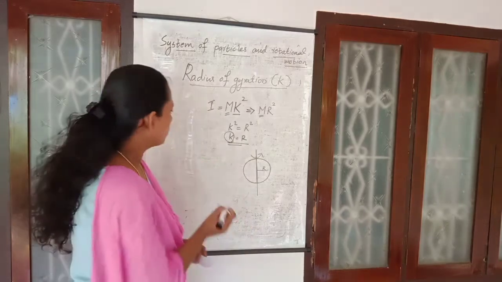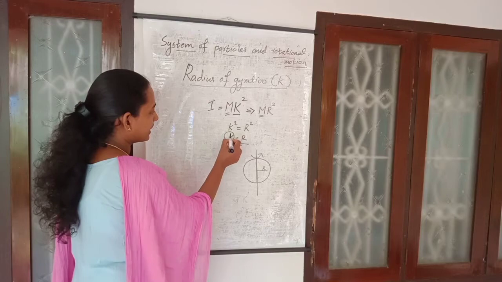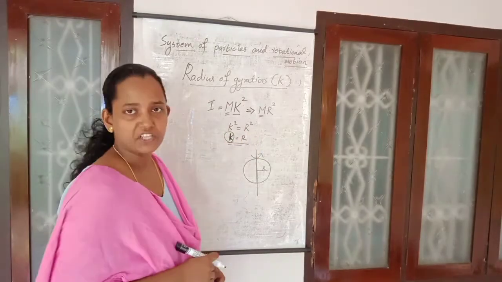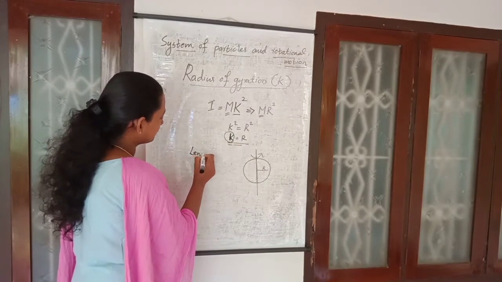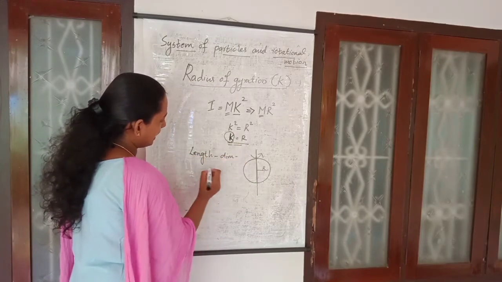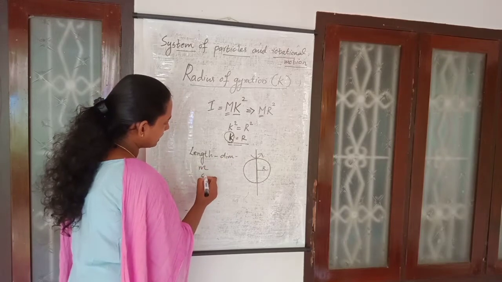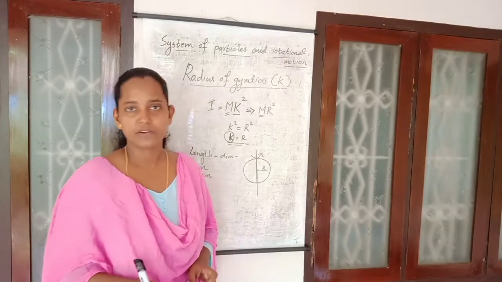Therefore, this radius of gyration is the distance of the particle from the axis of rotation. So k has the dimension of length. In SI it will be meter, or in the CGS system, centimeter.